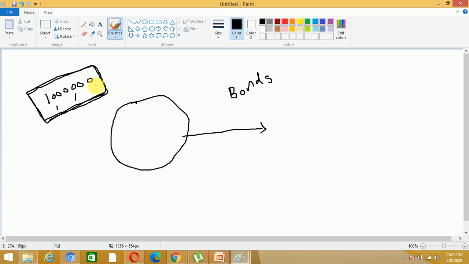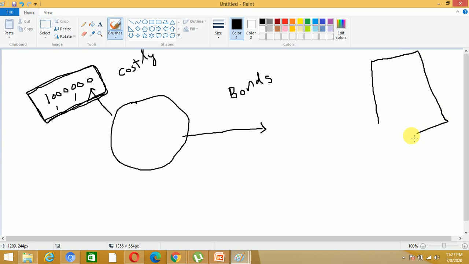What does it mean? When you're taking a loan from a bank, it is costly. So you will go for a cheaper source. Bonds, as compared to bank loans, are cheaper.